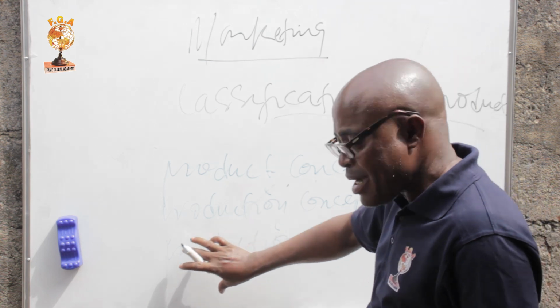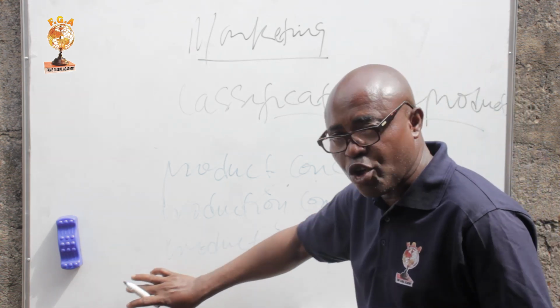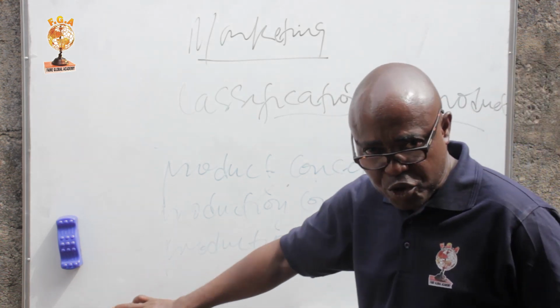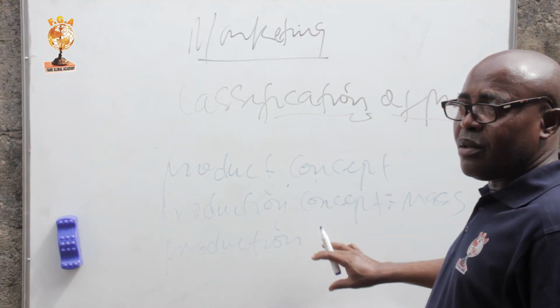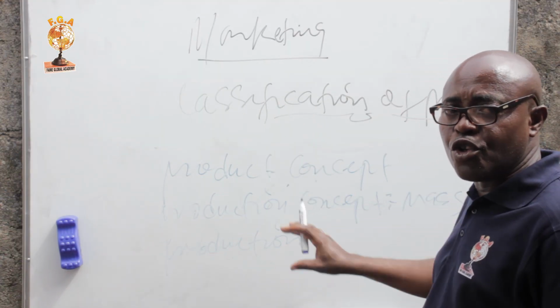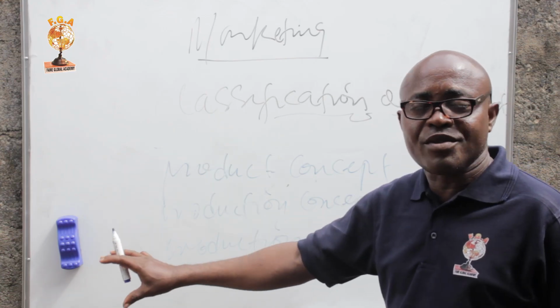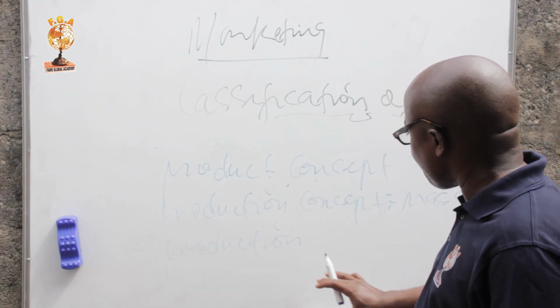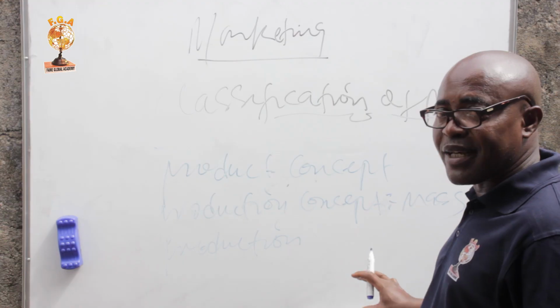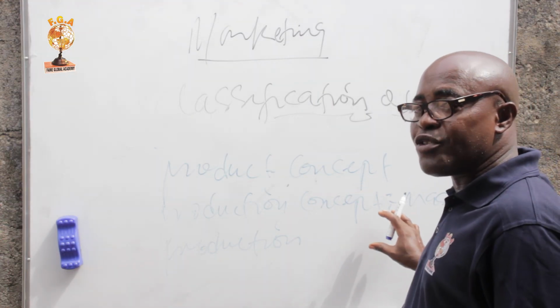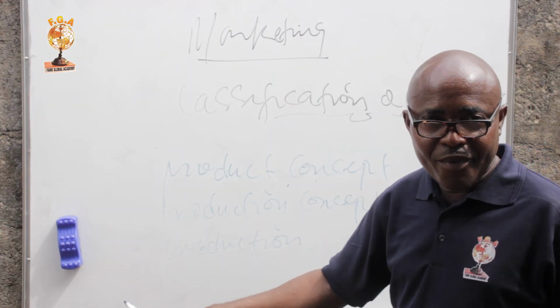Inside this mass production, you can have what we call mass distribution. And of course, those within this classification of production concept, their goods tend to circulate everywhere.